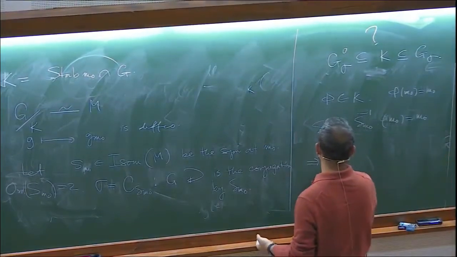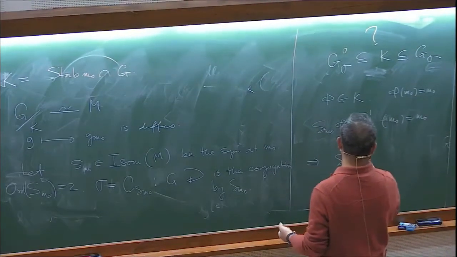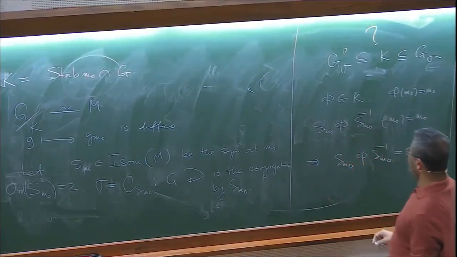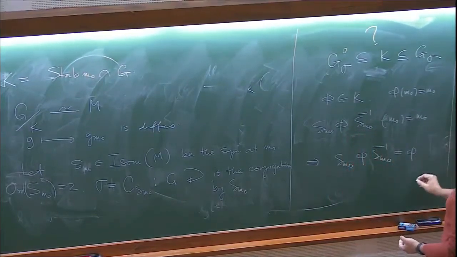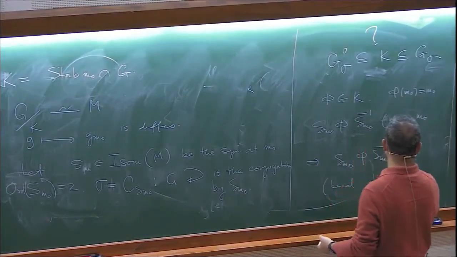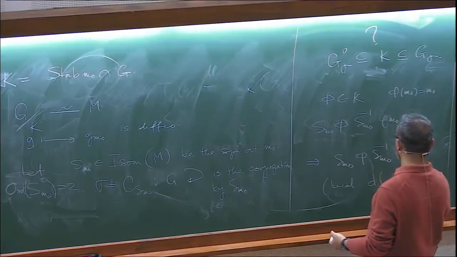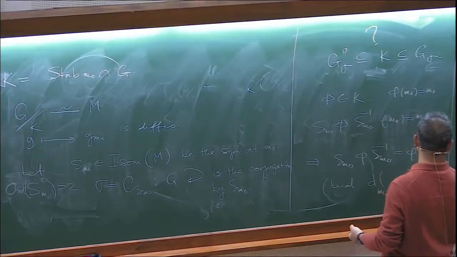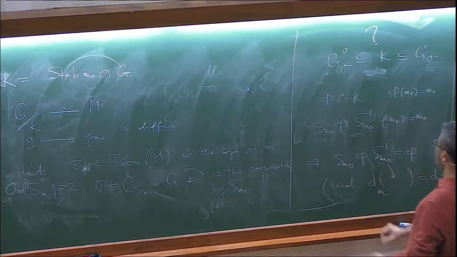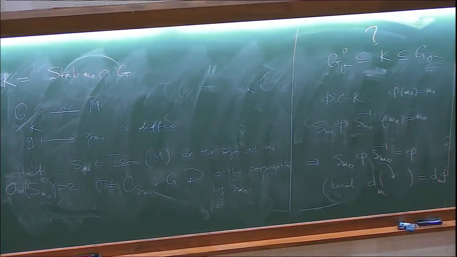So this says, because d of this at M naught is the same as d of phi at M naught. So these are properties of isometries.